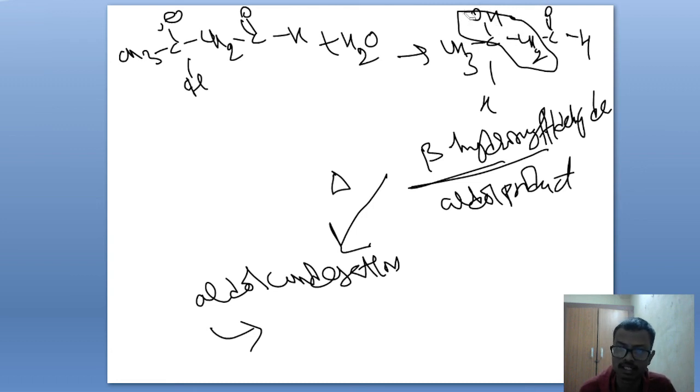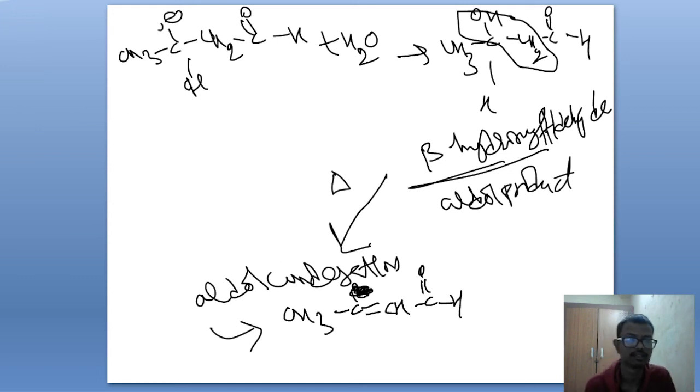That means they will condense to give a condensation product, and here we will get a double bond. Sorry, there is no OH here, this is H. One H is already eliminated, so we will get this product. This is called the aldol condensation product.